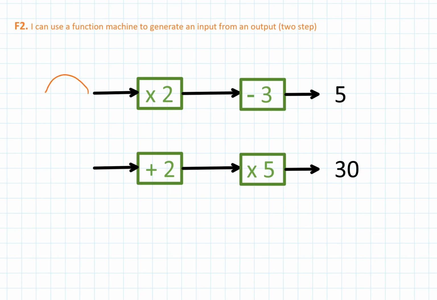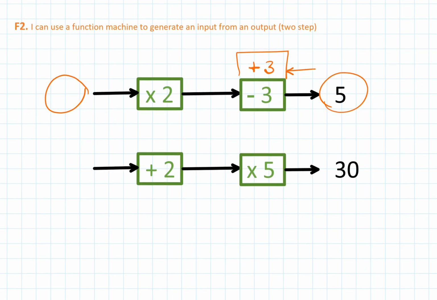We are looking for the input of this function machine where the output is 5. First we have to do the inverse of subtracting 3, which is adding 3. If we add 3 to 5, we'll get 8. We then move on to the second operation, which was multiplying by 2. The inverse of that, when we are working backwards, is dividing by 2.